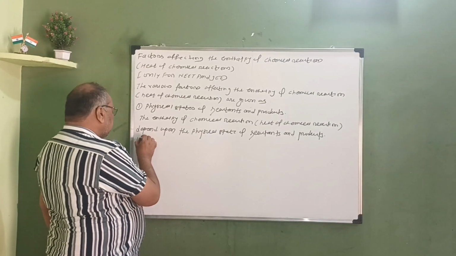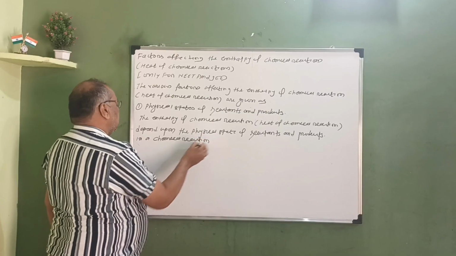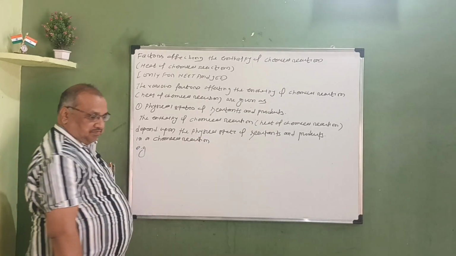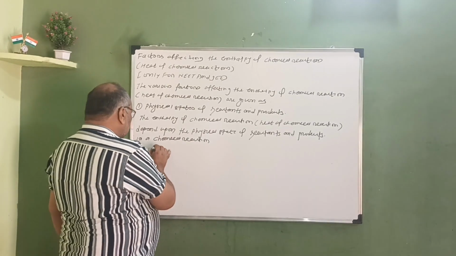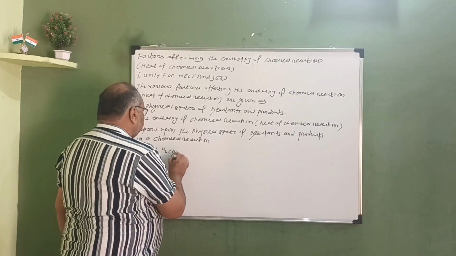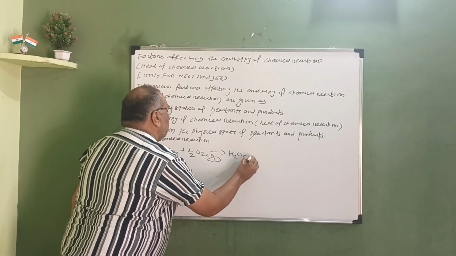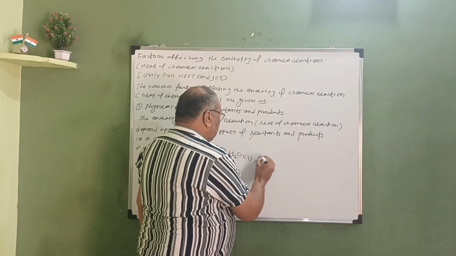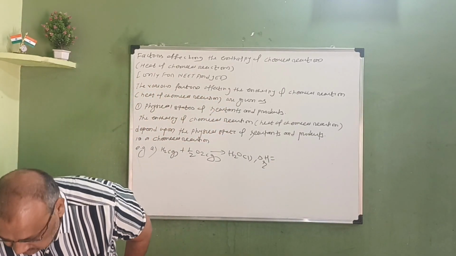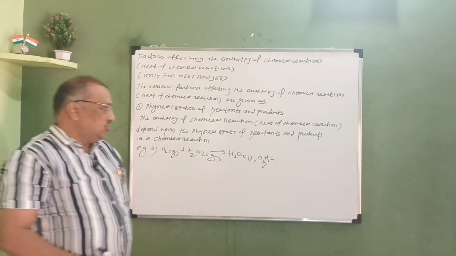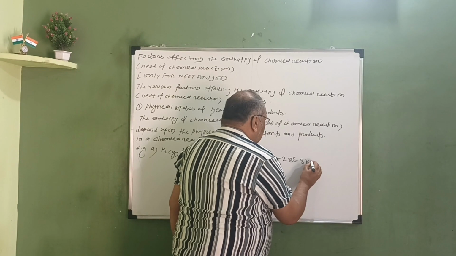In a chemical reaction, now here write down example, that is H2 gas plus half of O2 gas gives H2O liquid, and here the change in enthalpy delta H R equal to minus 285.8 kilojoule.